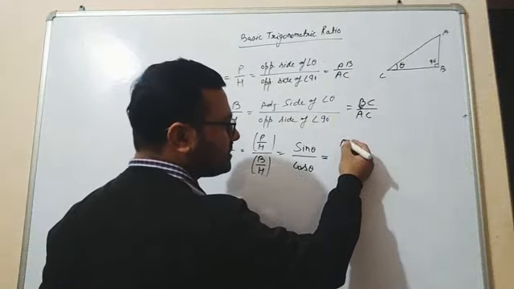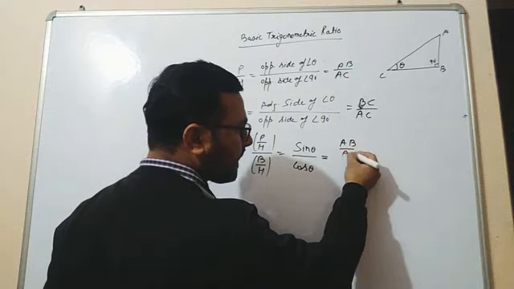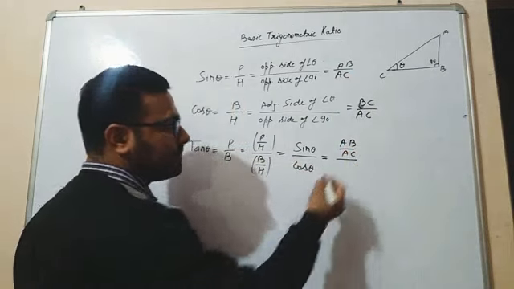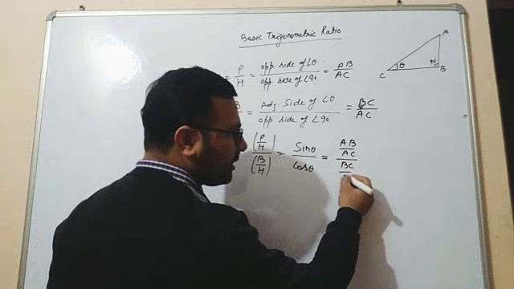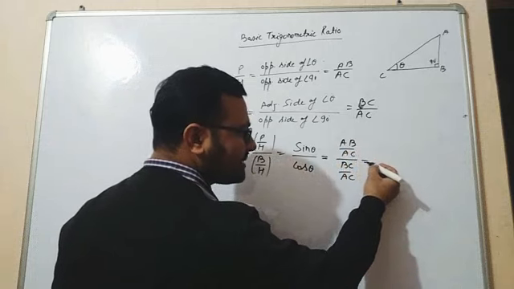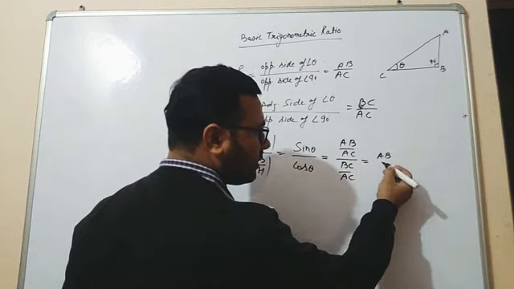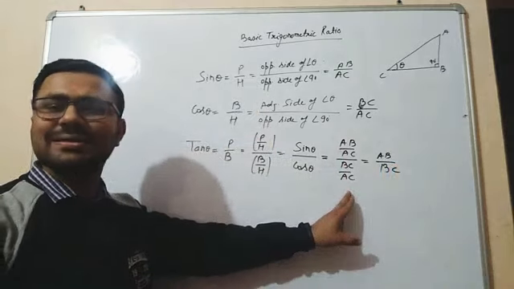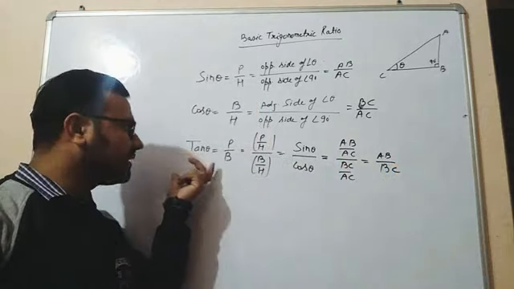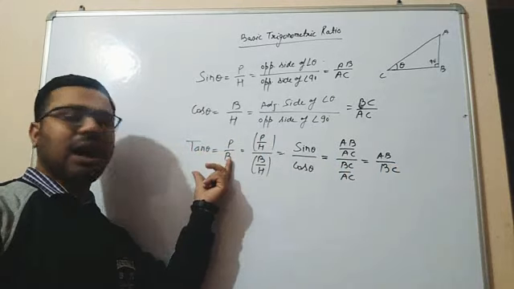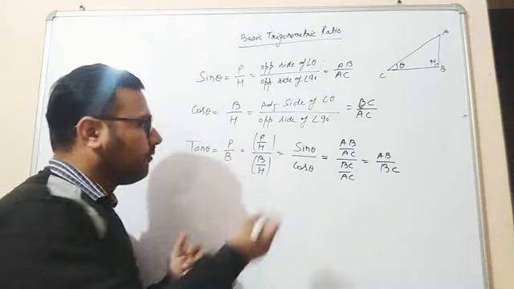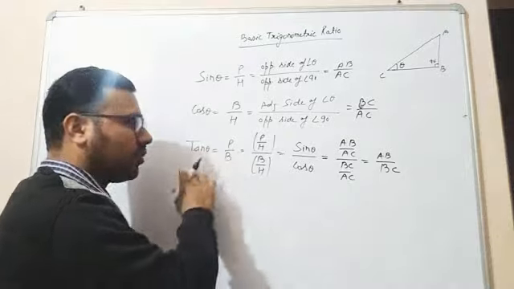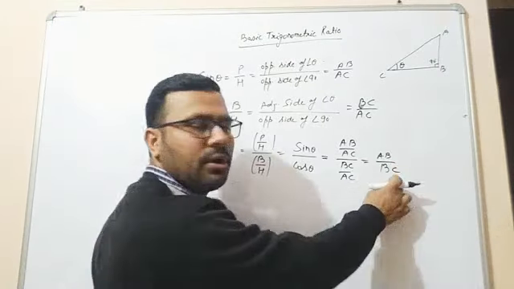AB upon AC, and cos theta is what? BC upon AC. It becomes AB upon BC because AC and AC cancel out. So tan theta, perpendicular upon base, is derived from sin theta upon cos theta, and its value is AB upon BC.